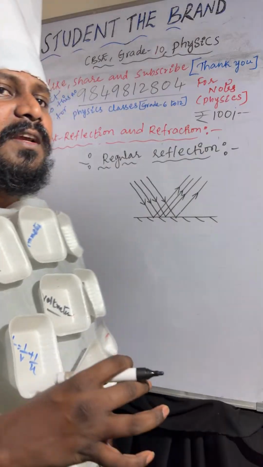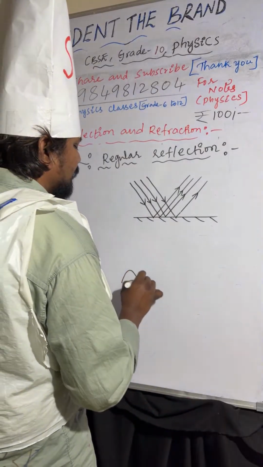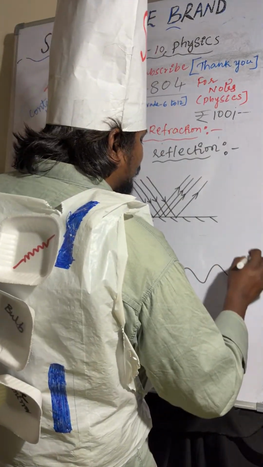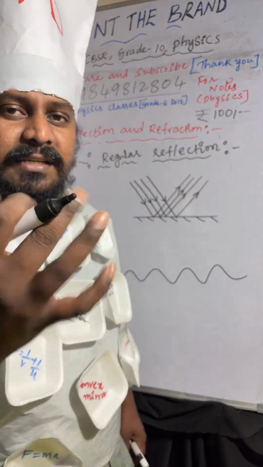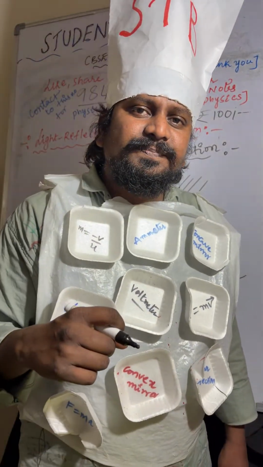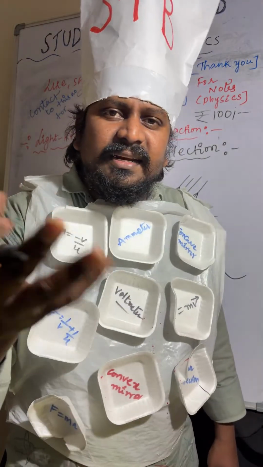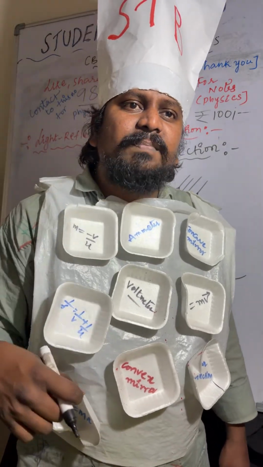Coming to irregular reflection. Incident light rays are parallel, but reflected light rays are not parallel to each other.